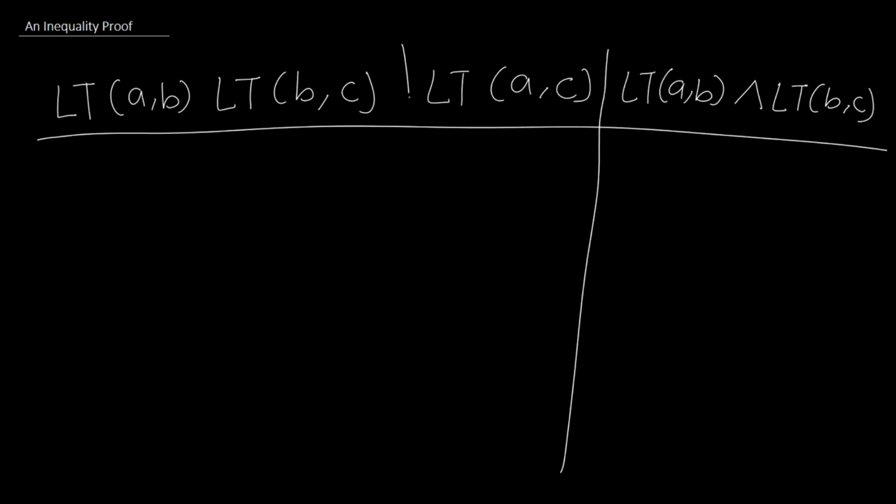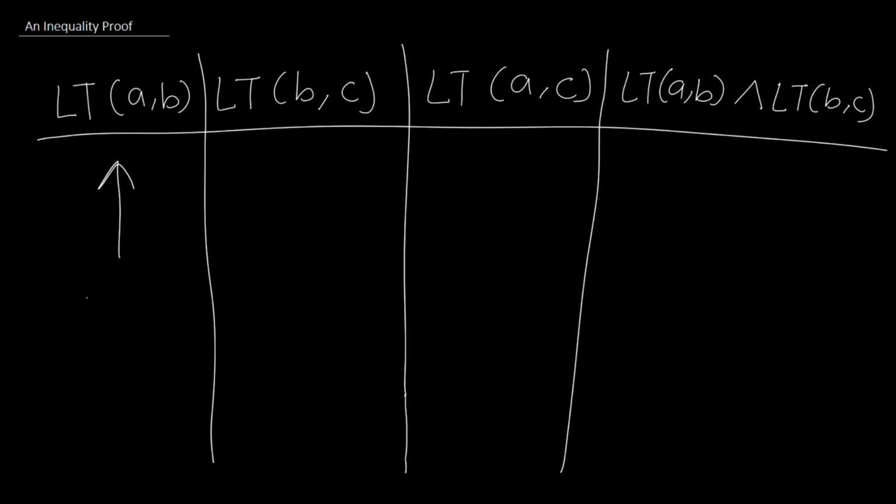Let's just draw the columns over here. This statement over here is basically A is less than B, right? It can either be true or false because we don't know what A is, we don't know what B is. We just said that A and B could be any number.